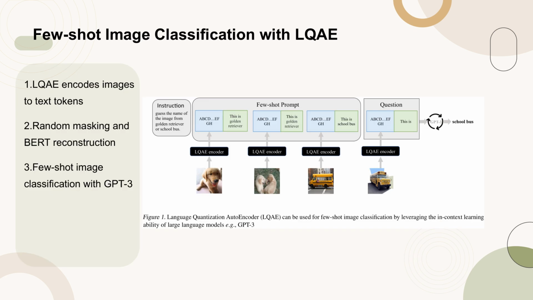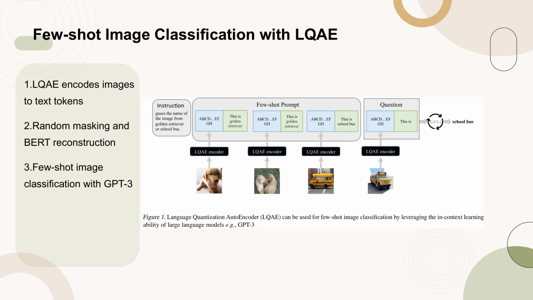Figure 1 illustrates how LQAE can be utilized for few-shot image classification by harnessing the in-context learning capabilities of large language models such as GPT-3. The process begins with LQAE encoding an image into a sequence of text tokens. Some of these tokens are then randomly masked, and the sequence is fed into a pre-trained BERT model.